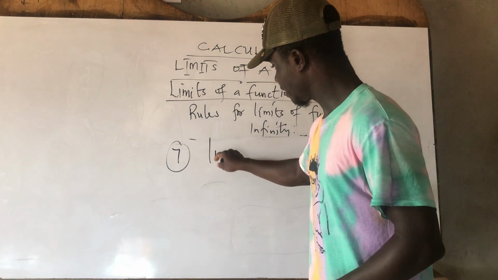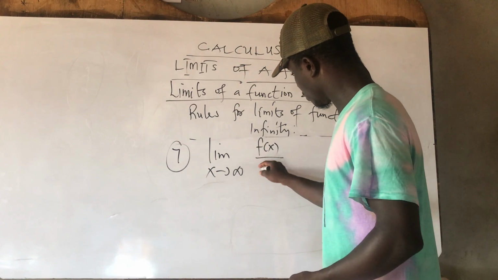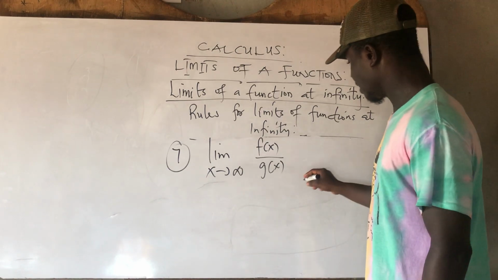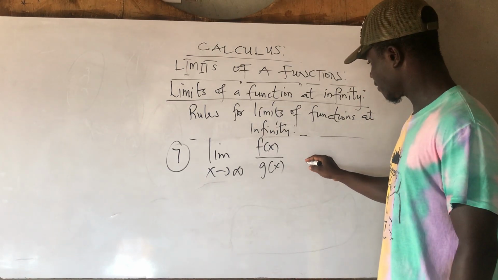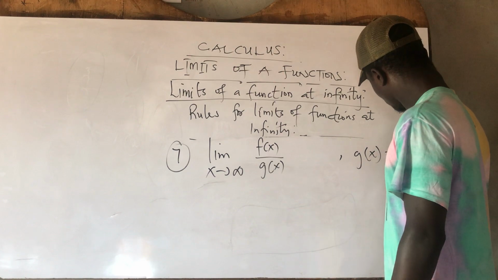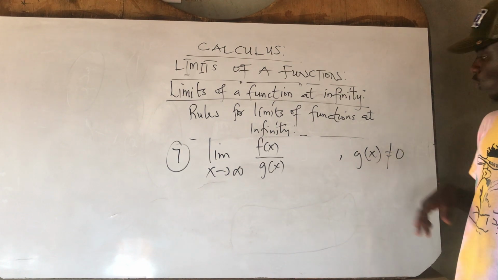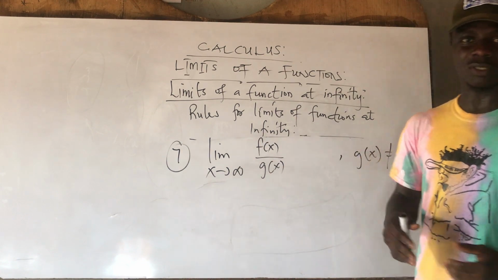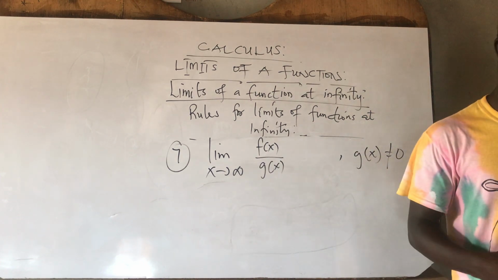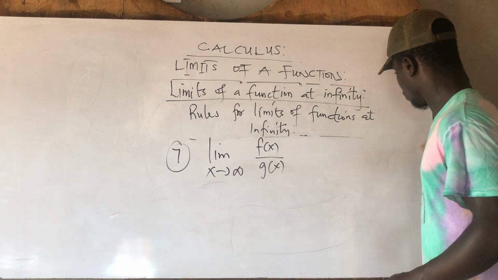We have the limit as x approaches infinity of f of x all over g of x, provided g of x must not be equal to 0. Because if this g of x is equal to 0, then it becomes what? Undefined, right? Does not exist, right? So provided g of x should not be equal to 0.